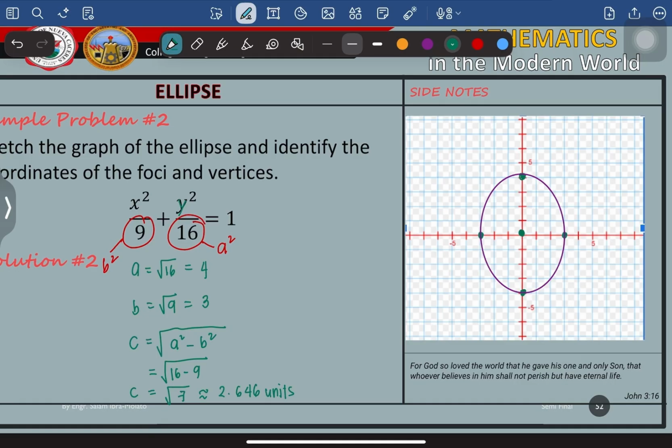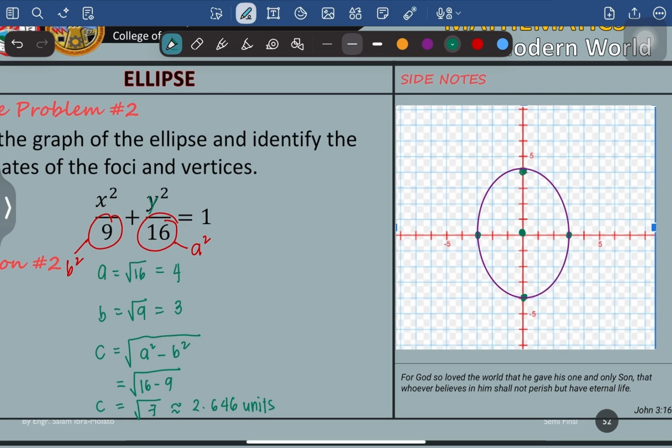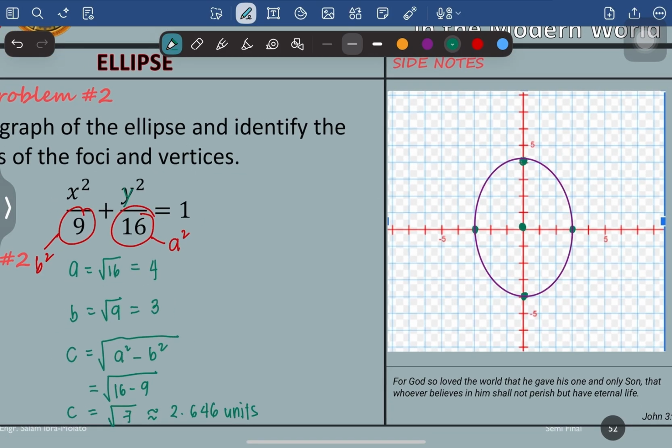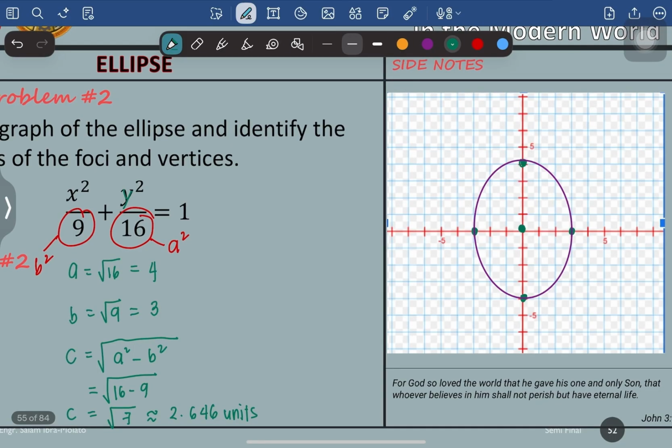So to plot the foci, it is along the major axis. So it should also be parallel to the y-axis. So you follow the path of the major axis. It is 2.646 units away from the center. So the point is here. Then another focus at that point.